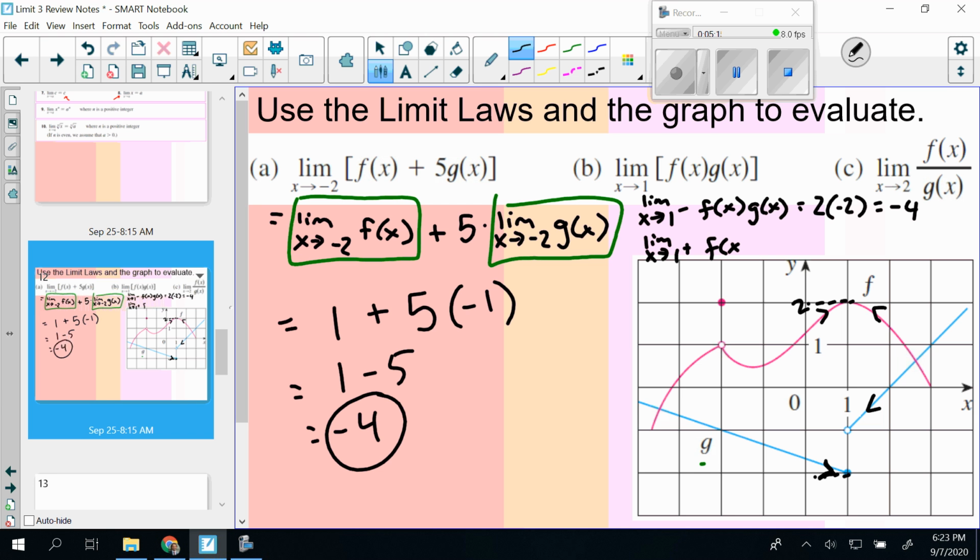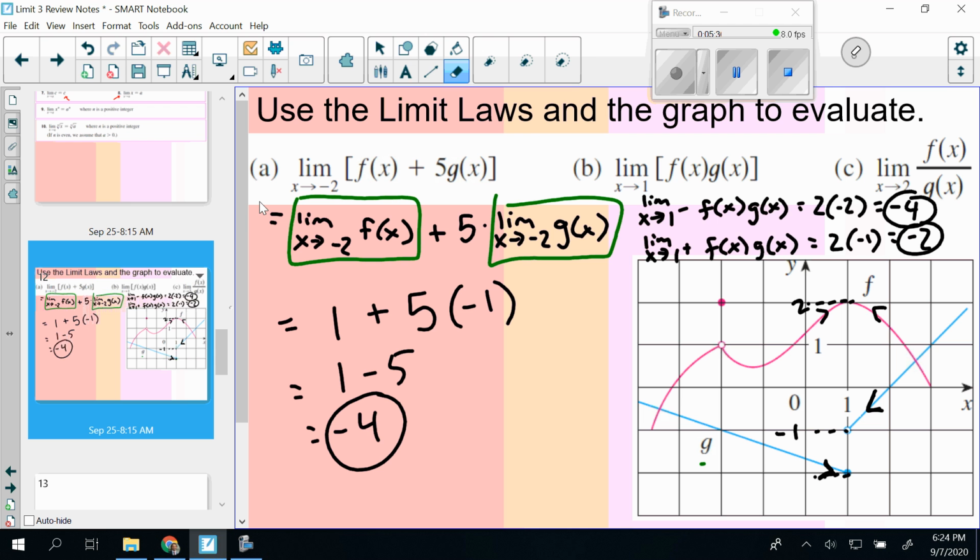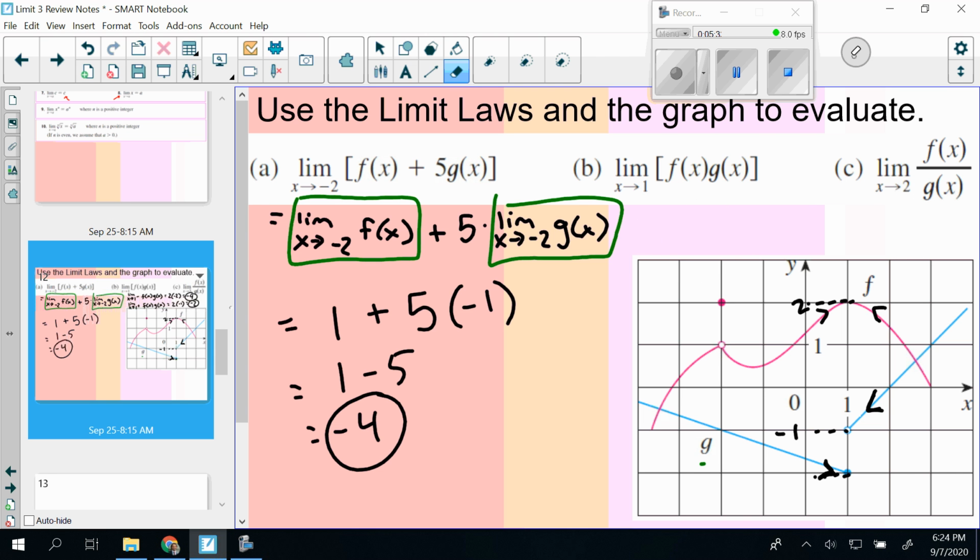From the right, f is still approaching 2, but g now is approaching -1. Are these two approaching the same thing from both sides? No. So we can conclude on this one that this limit does not exist. They've got to be the same.